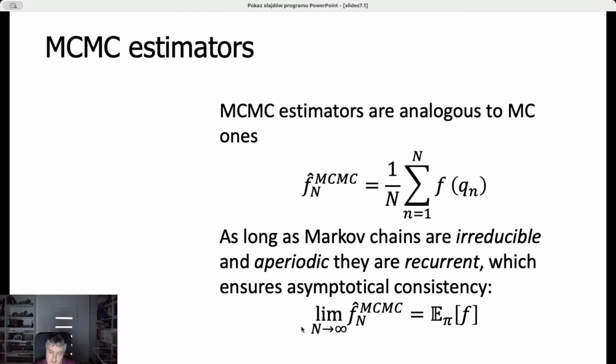That is, as the length of the Markov chain grows, its average will tend to the expectation that we are interested in.